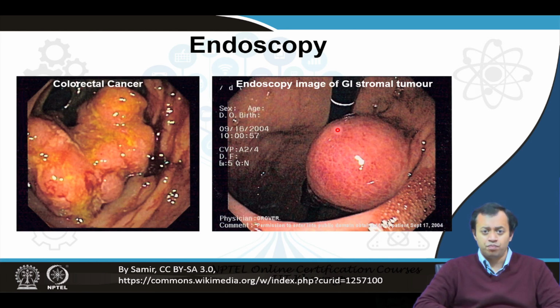You do an endoscopy if the chance comes. Usually people will not go to the doctor to do endoscopy just for the sake of it, but you know what I mean. You are able to detect it.